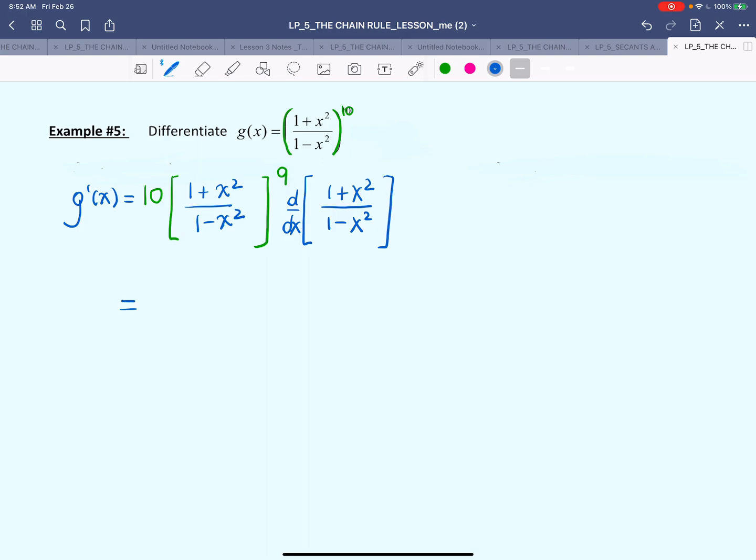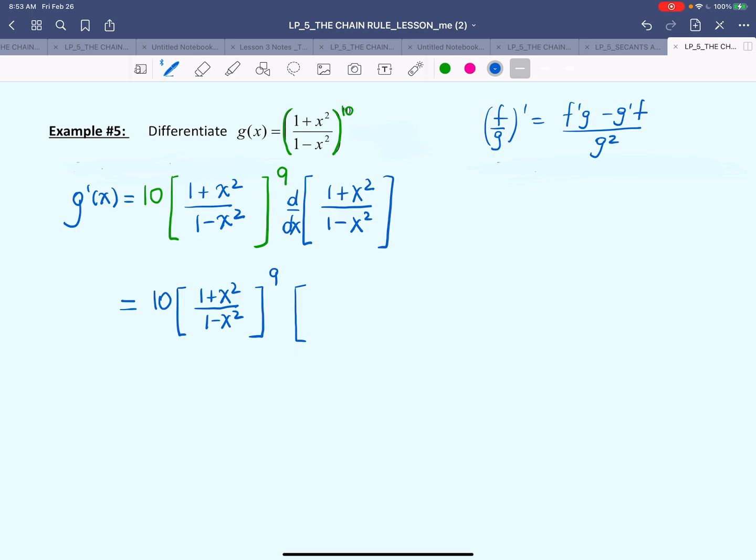This is not a step that you must show normally, but we're just explaining things again. So we have 10. Nothing changes to this term. 1 plus x squared, 1 minus x squared, inside function, right? And now we start differentiating by using the quotient rule. Remember, the quotient rule is f over g prime is f prime g minus g prime f over g squared, right?